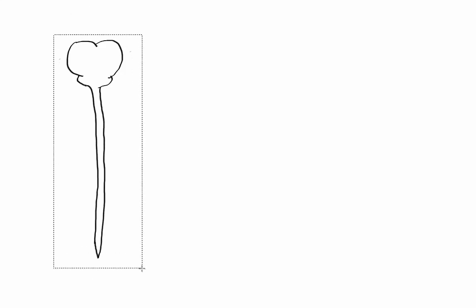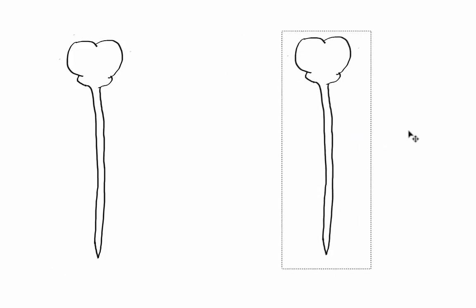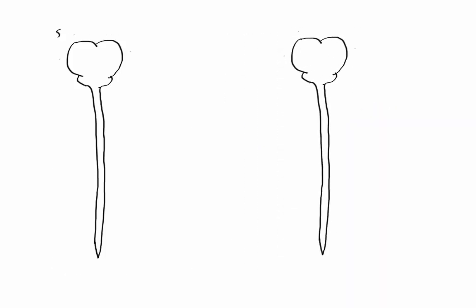Now let's take a closer look at the functions of the sympathetic and parasympathetic systems. So I'm going to draw the sympathetic division on the left side and the parasympathetic division on the right side. But first, let's quickly talk about the types of neurons that we find in both of these divisions.